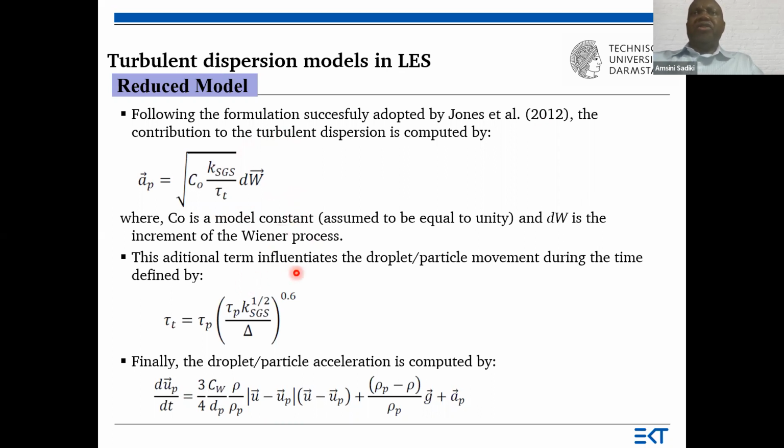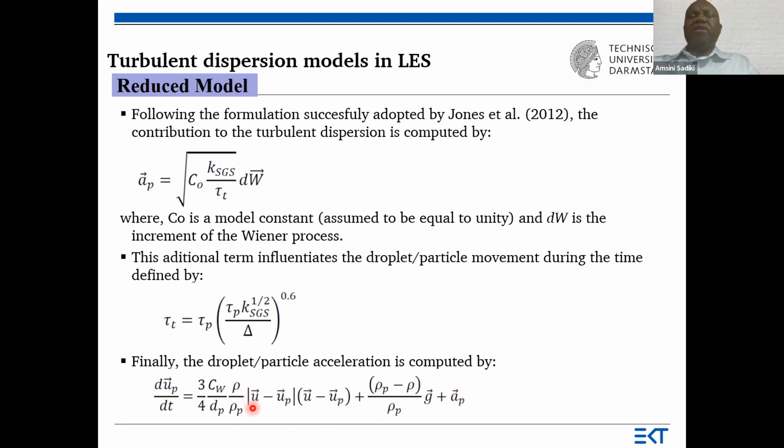This additional term influences the droplet particle motion over time, and this time is proportional to the particle relaxation time or the response time. This is also consistent. We put this quantity here and add it directly to our transport equation of the particle.